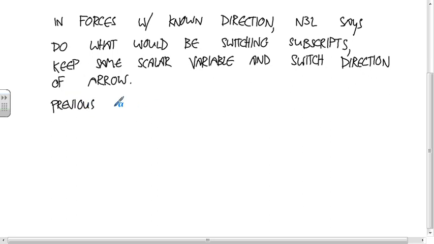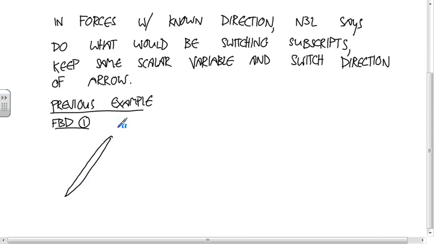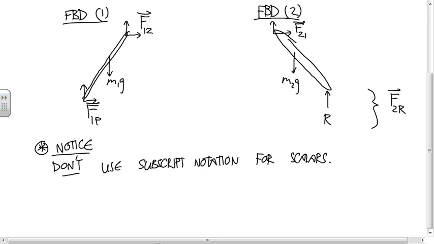So we'll go back to the previous example. Free body diagram 1. These are the forces acting. One, what did I call that? Force on 1 by the pin.